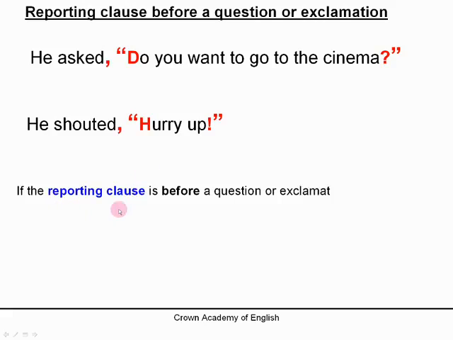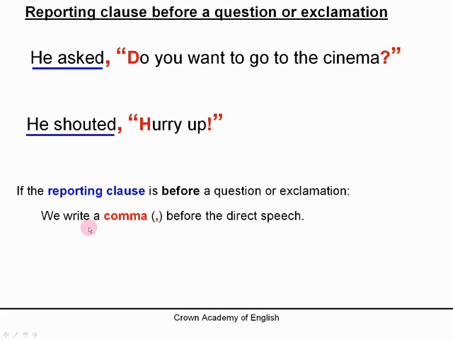Again, if the reporting clause is before the question or exclamation, which it is here, this is the reporting clause before a question, and here is a reporting clause before an exclamation. So the first rules are the same. Nothing changes here. We write a comma before the direct speech, here and here.